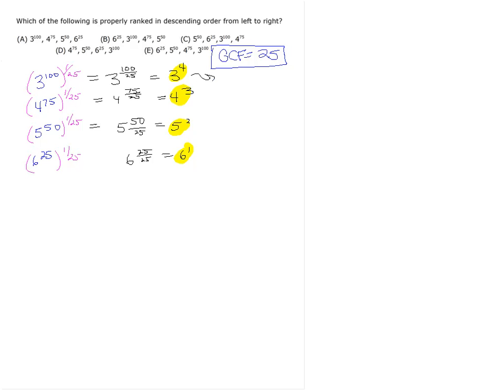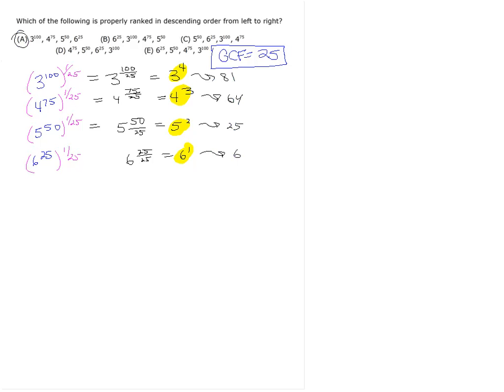So this is 81. 4 to the 3rd is 64. 5 squared is 25. 6 to the 1, of course, is 6. So let's see which one of these does it. We have to go back to the original numbers. So answer A, because we want descending order from left to right.